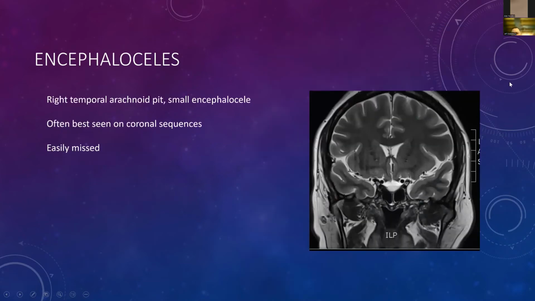There's the category of encephaloceles. These are very easy to miss while you're going through the patient's study, and are more easily seen on the coronal imaging, especially if you have high resolution scans.